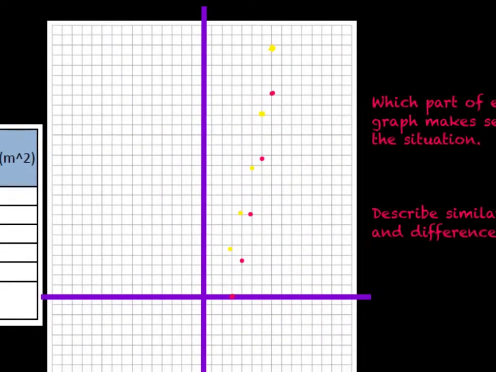Every time I see a squared number, like that perfect square, I was able to make a dot, and I was able to create this sort of graph connecting these dots. So there is one of my graphs. This other one with the rectangles, I was able to create this graph connecting the dots.